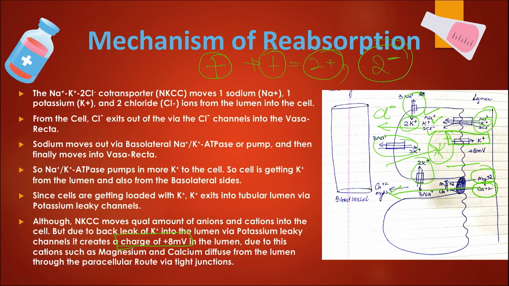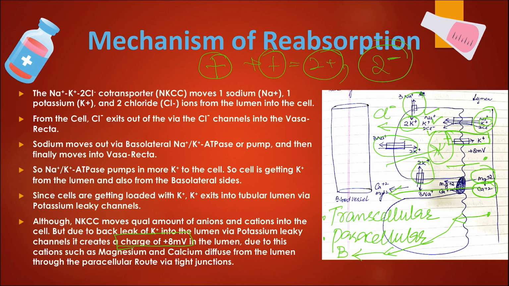In the nephron, there are two mechanisms of reabsorption. Number one is the transcellular. Number two is paracellular. In the transcellular route, the ion first moves from the lumen into the cell, then from the cell into the interstitium, then from the interstitium into the blood.